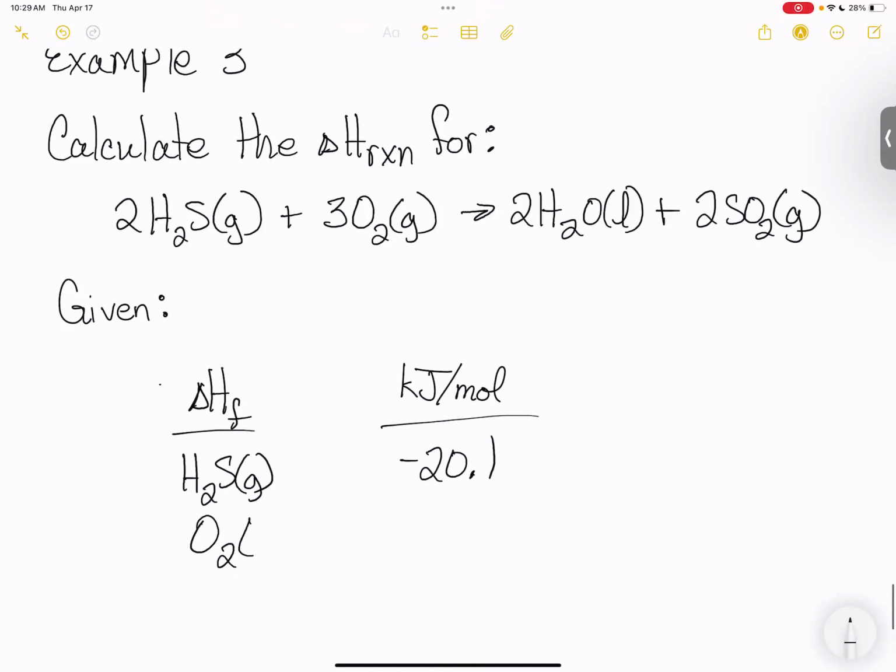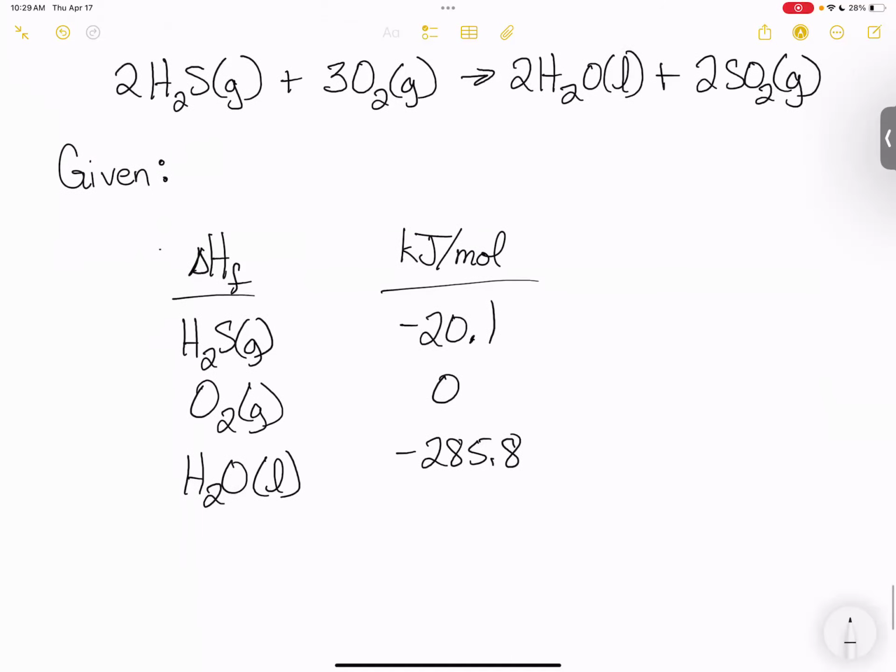O2 gas is 0. H2O liquid is negative 285.8. And SO2 gas is negative 296.1.